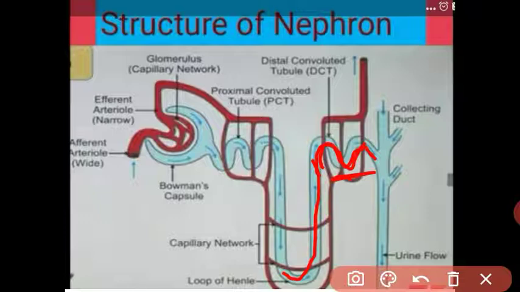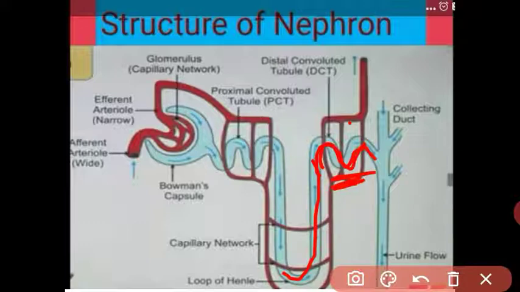This hormone sends the information to this part of the body that there is a small amount of water, so water is absorbed from the DCT into the blood vessels. This process is called osmoregulation. Osmoregulation means osmo is water and regulation means to regulate.